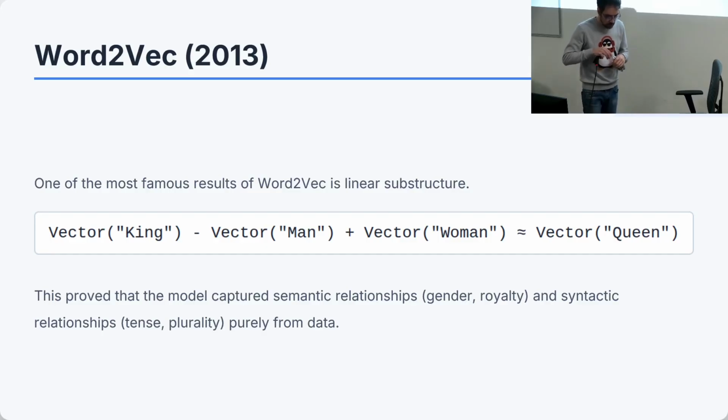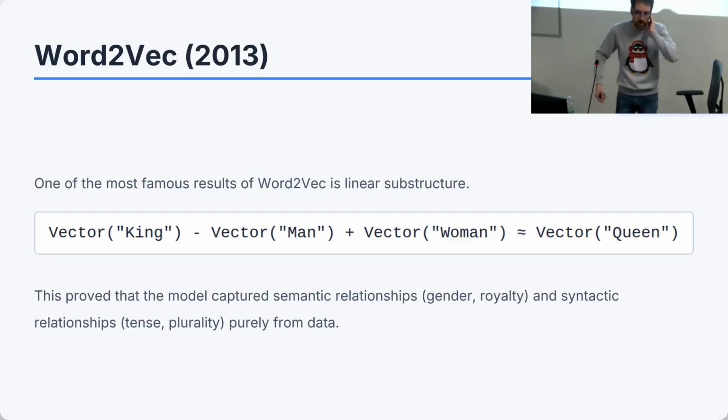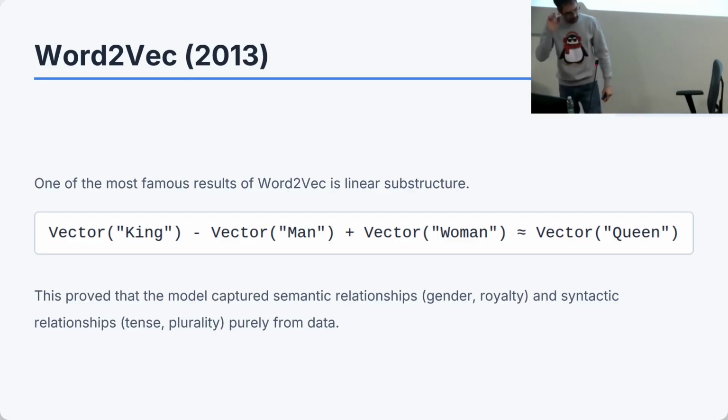This Word2Vec representation, which we don't really care about now, simply associates a vector of a given size to a word. So a vector of floating point numbers, bytes, we don't care. Each word is associated to a vector.